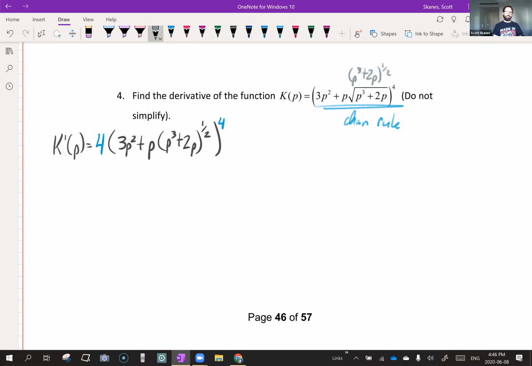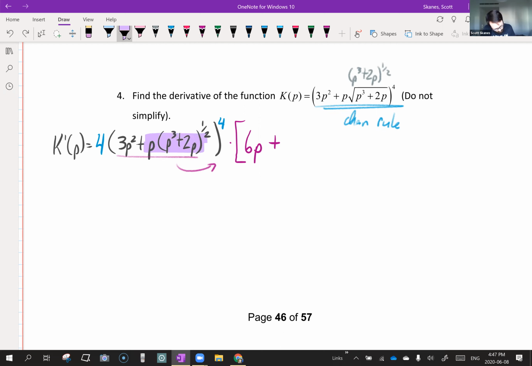Now I need to get the derivative of the inside. So what I need to do is look at all this and treat it like its own question. I need the derivative. So let's do that. One big bracket. What's the derivative of 3p squared? It's 6p. So I've done that piece. And then what's the derivative of this? So this is going to be product rule.